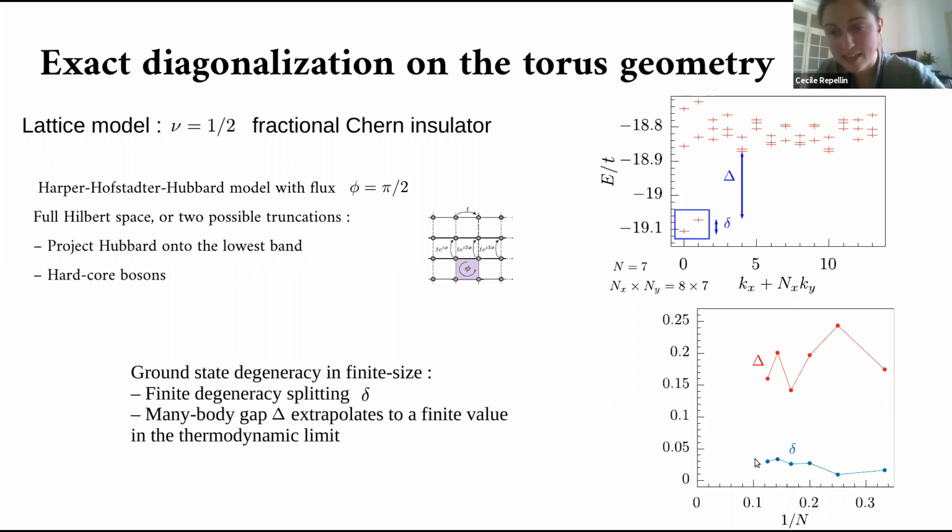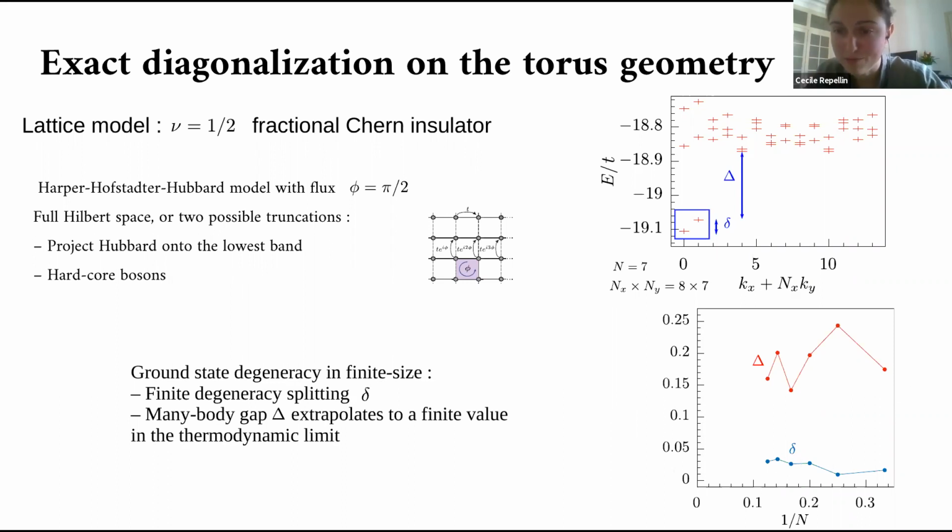So the first thing I can say is that the degeneracy splitting is quite small, and quite importantly, it's small compared to the gap. It's always small compared to the gap, but the system size is not large enough that you can see really convincingly that it goes to 0 in the thermodynamic limit.